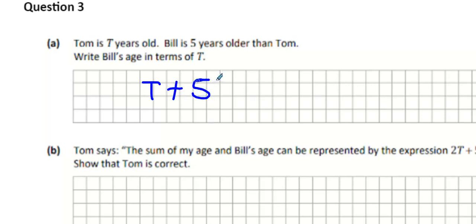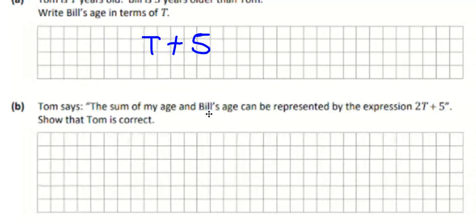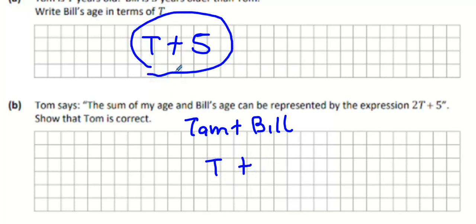Is that okay? Okay, next one. Tom says that the sum of my age and Bill's age can be represented. So what they want you to do is add on Tom's age and Bill's age. T is Tom's age, and Bill's age is the answer from part 1, T plus 5.